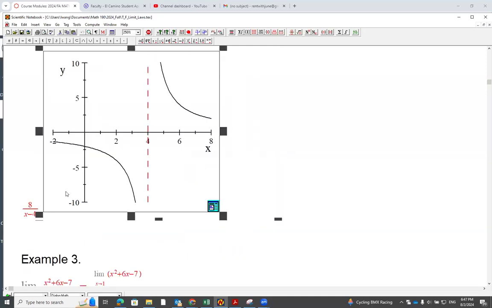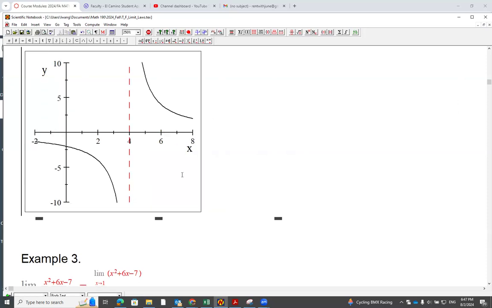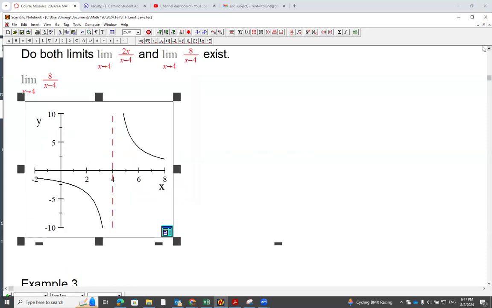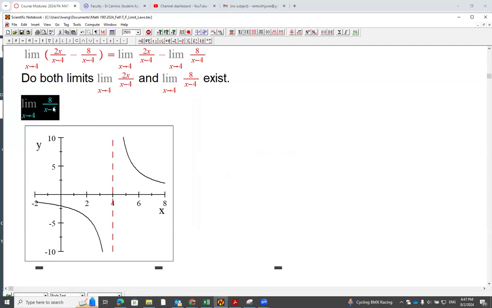Obviously, when we look at this limit, it depends on whether x approaches 4 from the left or the right. When we observe the limit from larger than 4, it approaches positive infinity, and from smaller than 4, it approaches negative infinity.